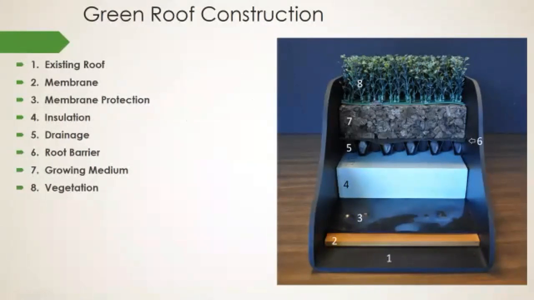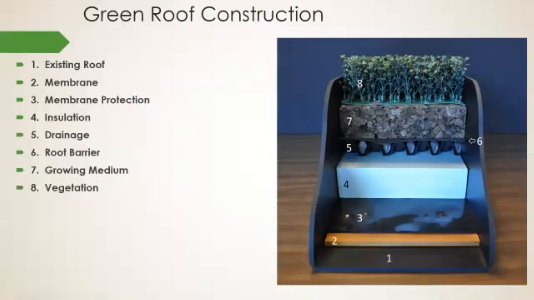For retrofitted green roofs like this one, there may need to be some reinforcement to support the added weight, and it may need some improvement on that substructure. Then we have the waterproof membrane, the bottommost layer of the green roof here, number 2. It's that critical separation between the substructure of the roof and the rest of the layers up here to prevent any leakage.